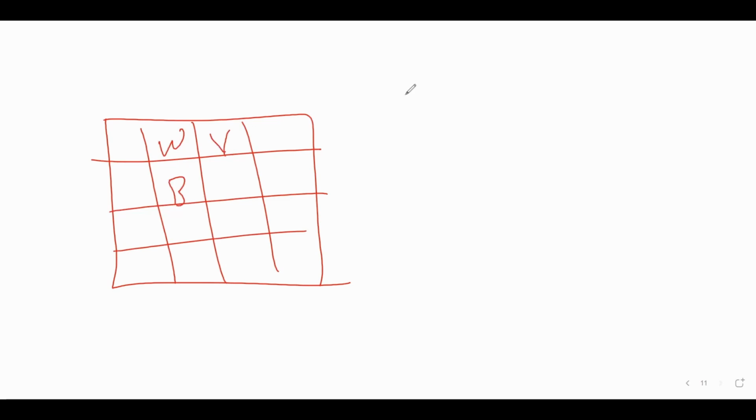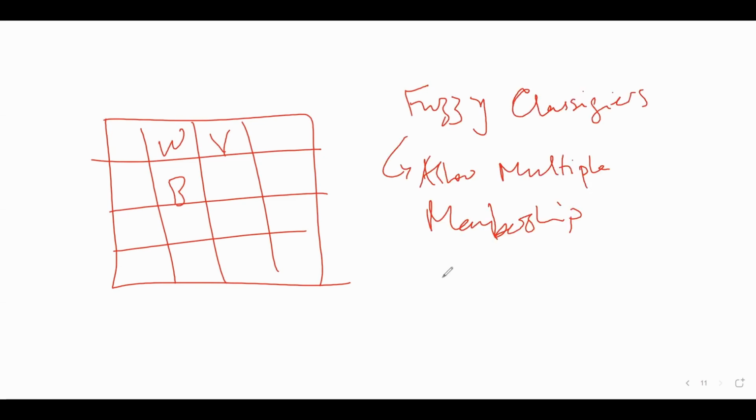We now have what we refer to as fuzzy classifiers, which allow multiple classes. Because if you're looking at a Landsat image with a pixel size of 30 by 30 meters, chances are that within 30 meters, you may have different classes, but the way it works is that it only assigns one class to a pixel. With a fuzzy classifier, we can say that it has 80% water, 20% vegetation.